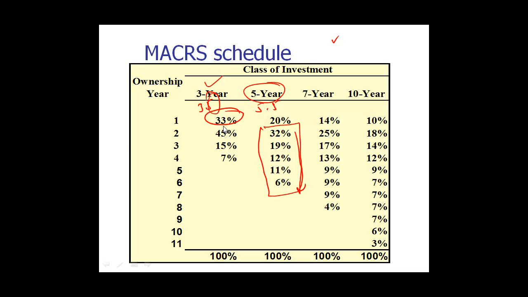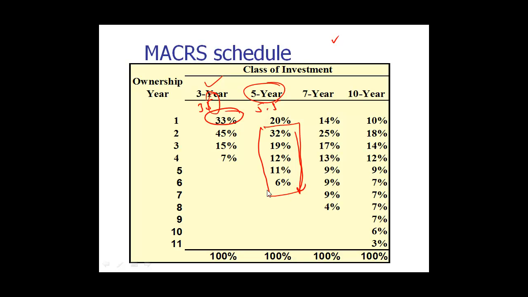So we are essentially saying that the first 33% is being depreciated over the first half year, and then the remaining amounts, 45, 15 and 7, are being depreciated over the remaining 3 years. These numbers are over the remaining 5 years.